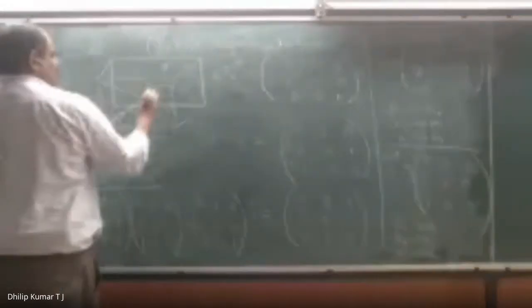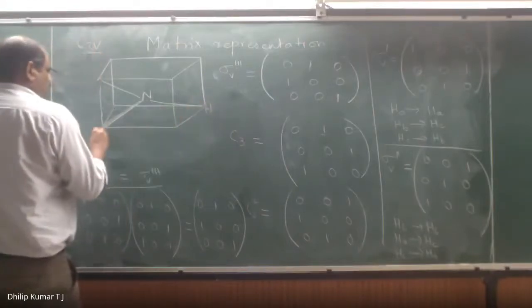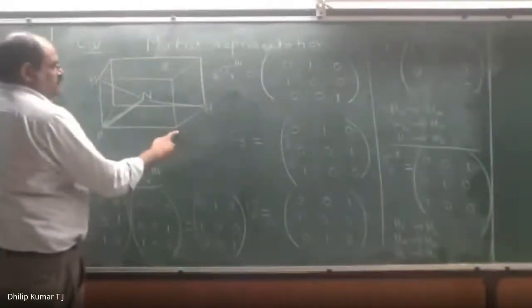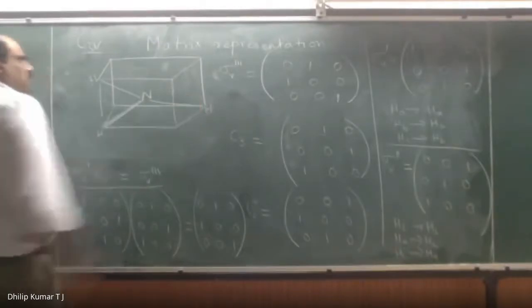So it is in a box. The atoms are occupying 3 different locations. The hydrogen atoms are occupying 3 different edges. So if it is planar, it means you have to keep hydrogen here, right? So this box is coming out. So we have not kept it here. We have to keep it behind. That's the reason. Okay.